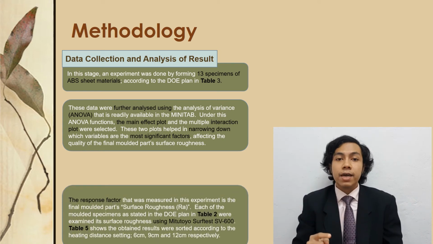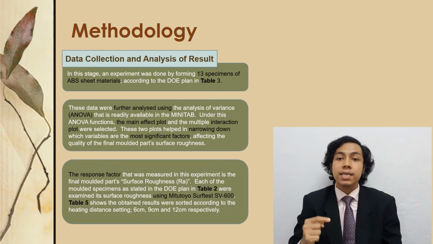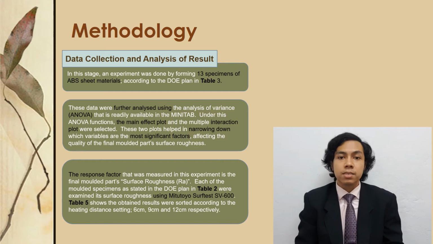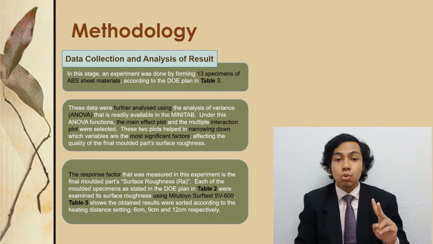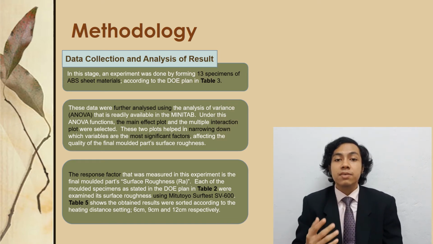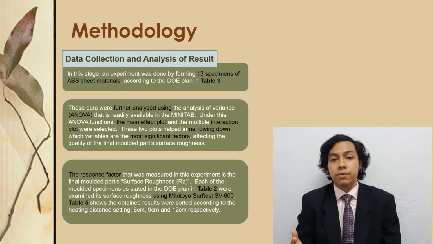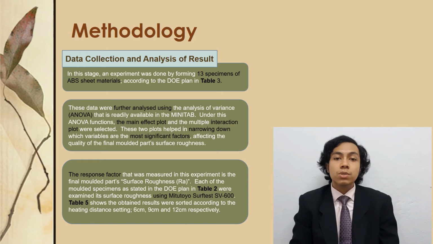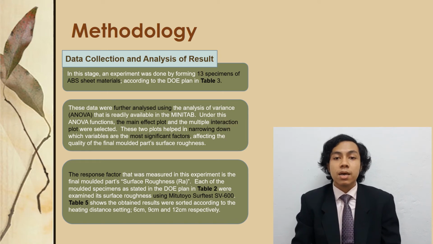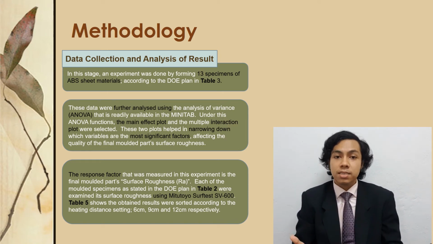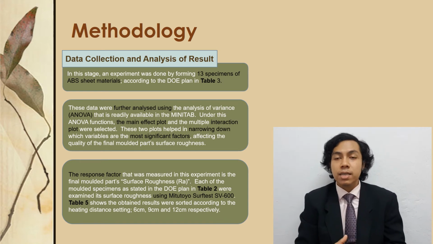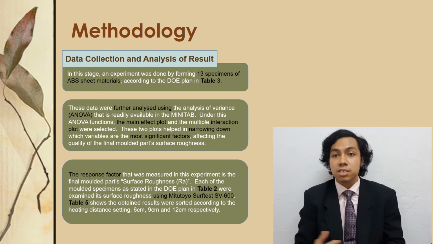The response factor that was measured in this experiment is the final molded part surface roughness. Each of the molded specimens, as stated in the DOE plan in Table 2, will be examined for its surface roughness using the Mitutoyo Surf Test SV600. Table 5 shows the obtained result sorted according to the heating distance setting 6 cm, 9 cm, and 12 cm respectively.